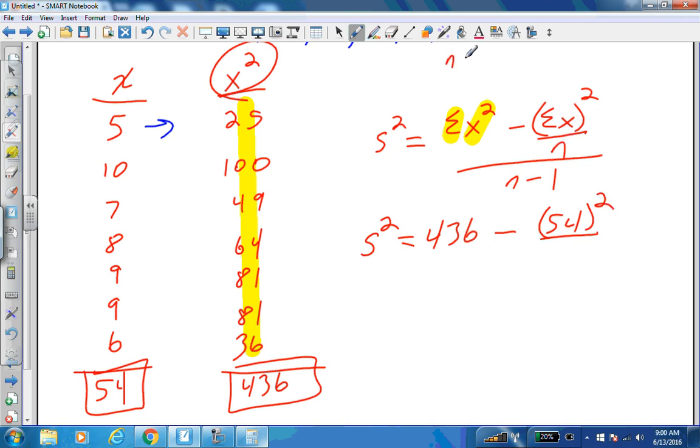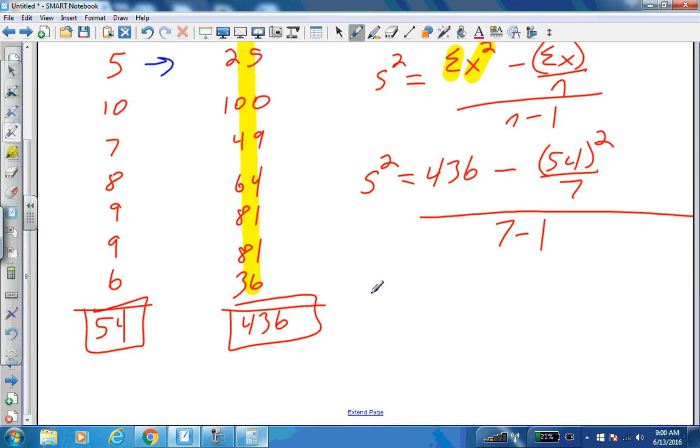Remember, n is just the sample size, the number of data values we have, 1, 2, 3, 4, 5, 6, 7. And all of that's divided by n minus 1. So once we calculate this, this will give us our variance.